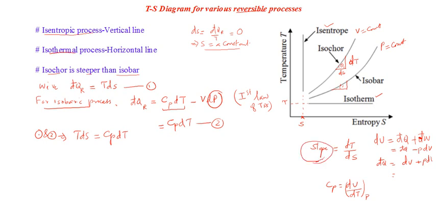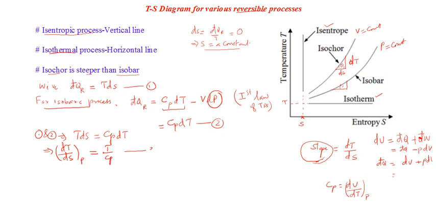You can rearrange that one. We have considered this as an isobaric process, so at constant pressure, dt by ds will be equal to T by Cp. So that is my third equation.